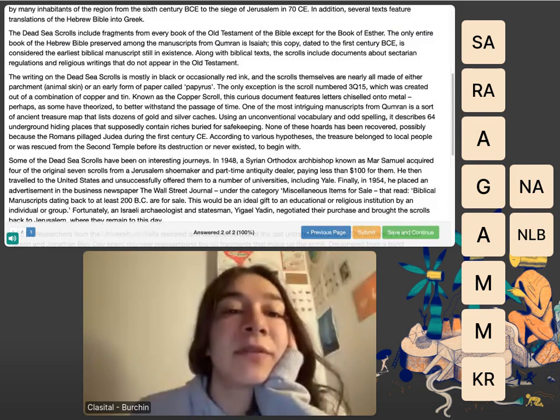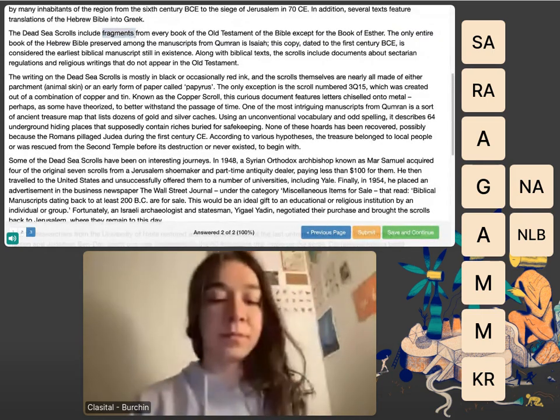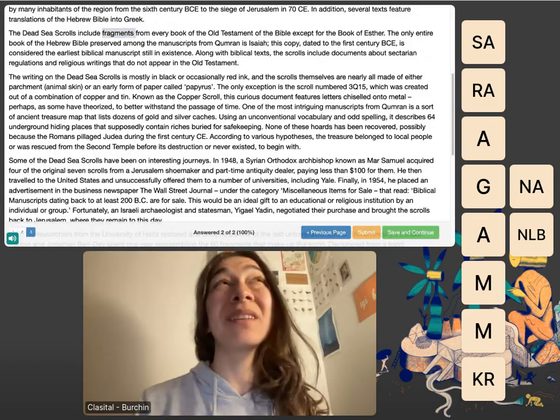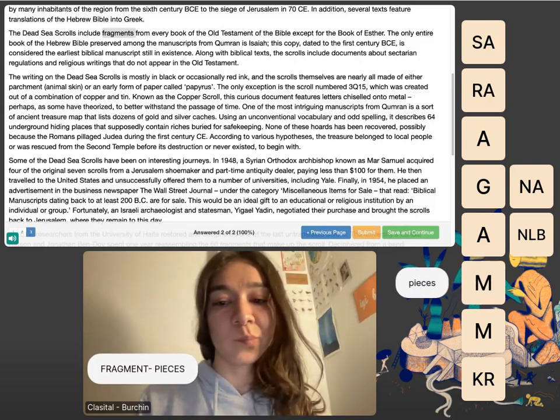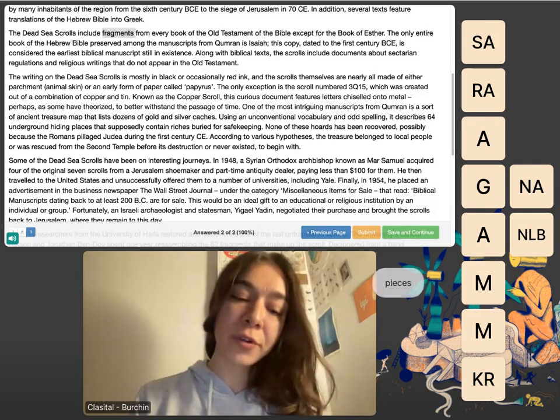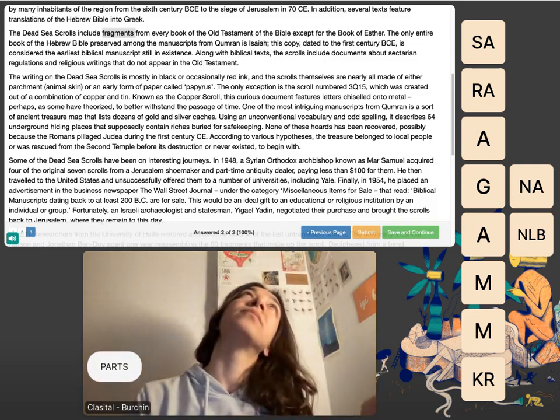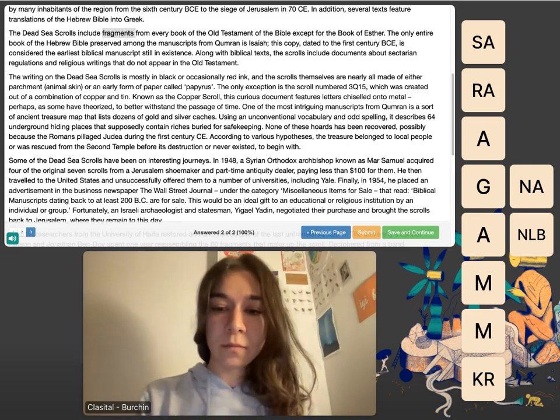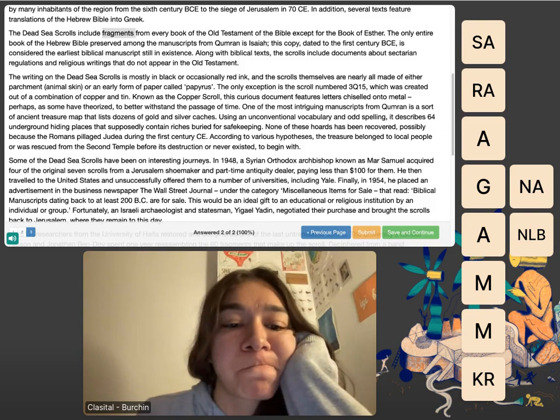Include fragments. What does the fragment mean? Fragment is like the pieces of it, or parts of it, like the divisions of it. What else?